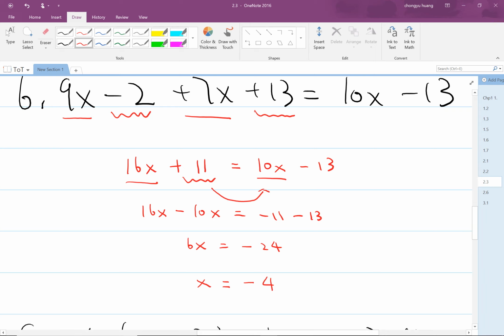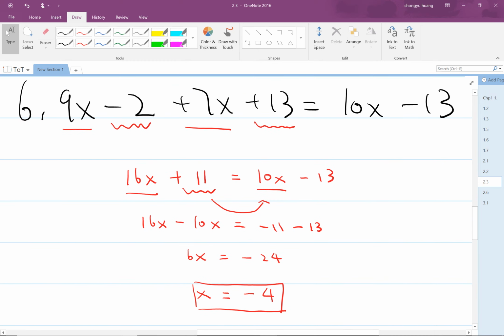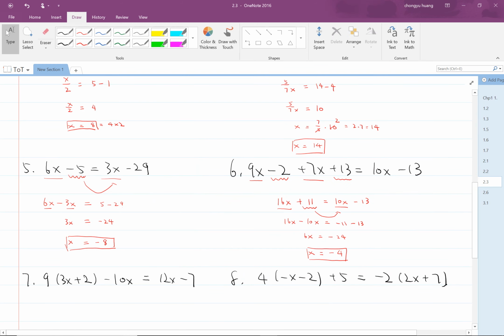So the answer for this question is x equal to -4. Now you actually solve the problem, and we solved it in 4 steps, so it's quite simple, right? 4 steps. Okay.